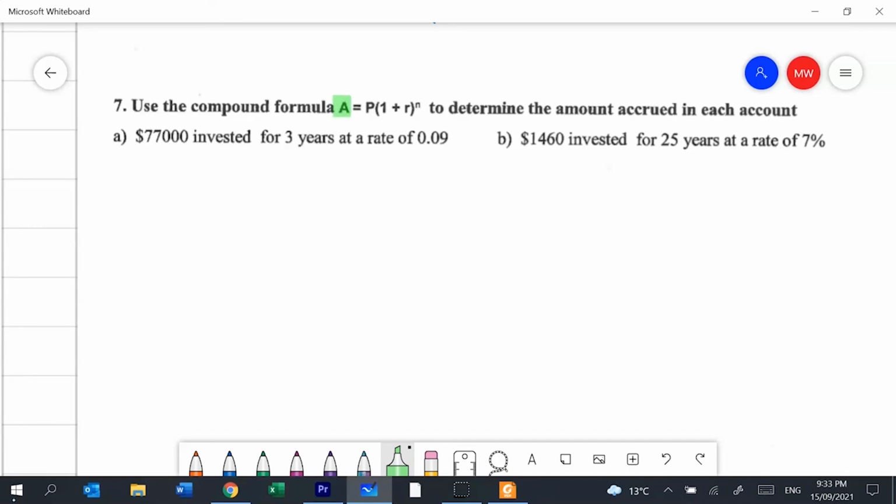So we better write some of this stuff down because this is the first time that we've seen this formula. So in the formula, A is your account balance, the amount of money that's in your account. P is your principal amount.